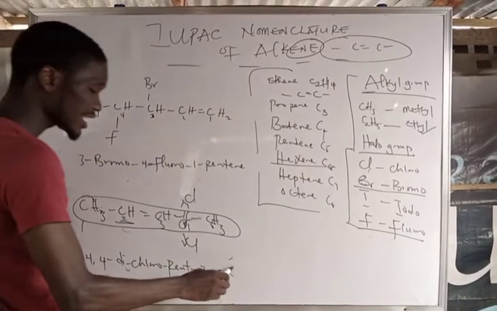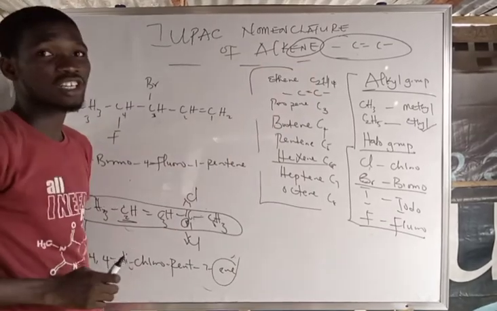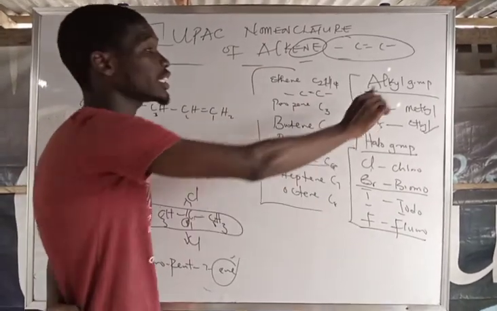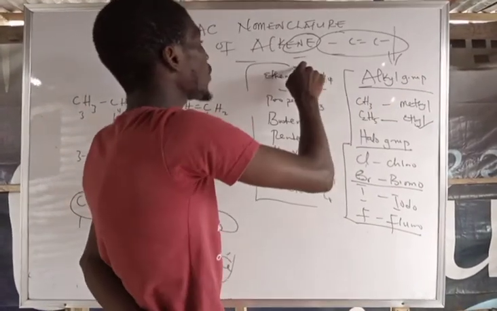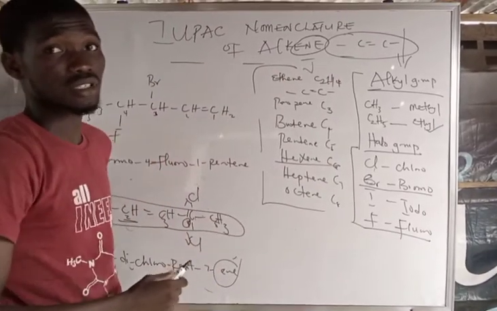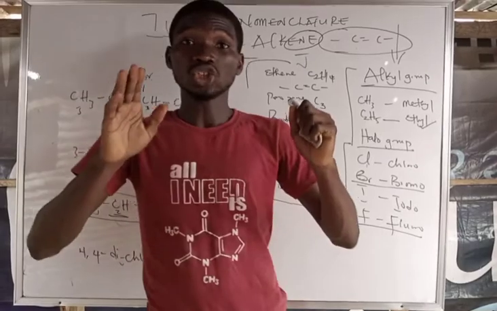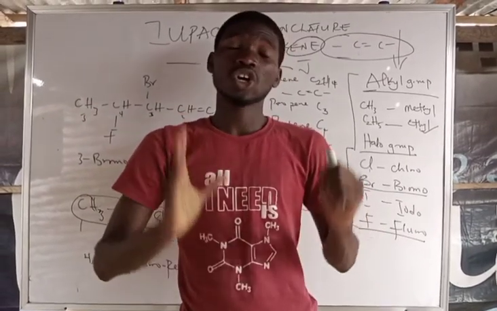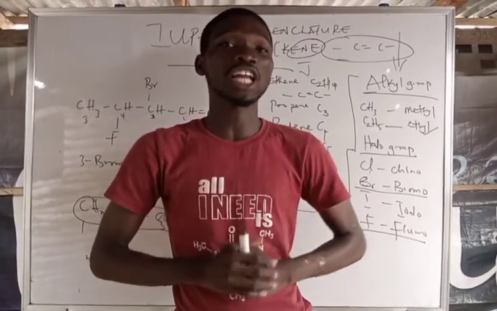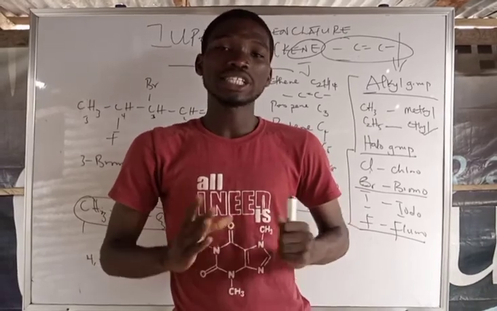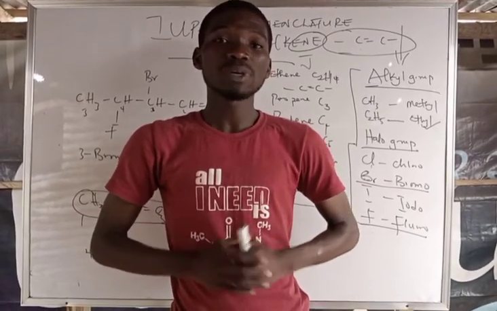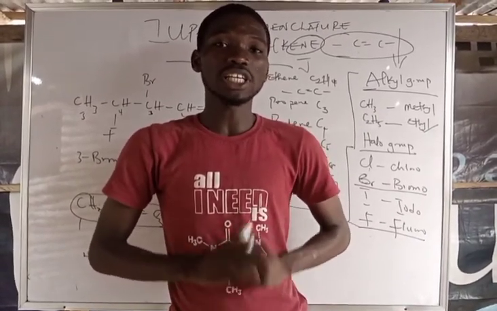Don't forget that this ene is a suffix, while all what you have here is a substituent, while here is a what? The prefix. So when naming any organic compound, don't forget that you must name it alphabetically, consider the numbering from the functional group, and also check the halo group irrespective of the letter.